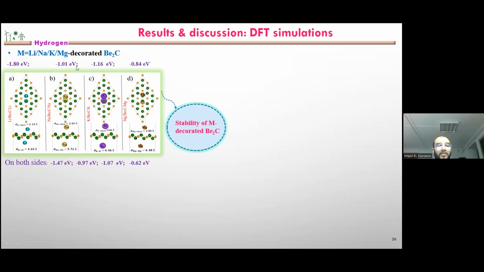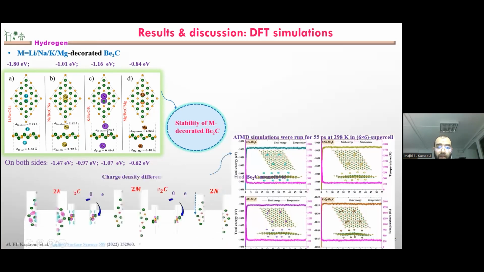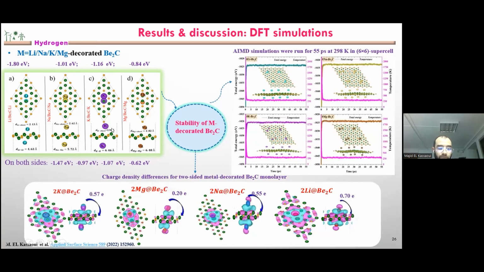These are the values of the binding energy on one side and on both sides. It can also be seen that the oscillation of the total energy of all considered systems is stabilized over the molecular dynamics time.